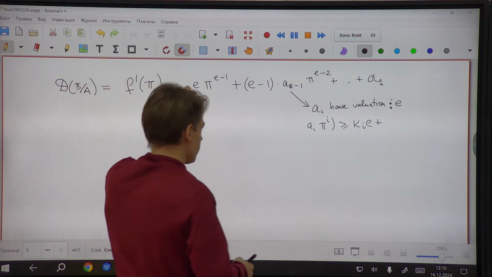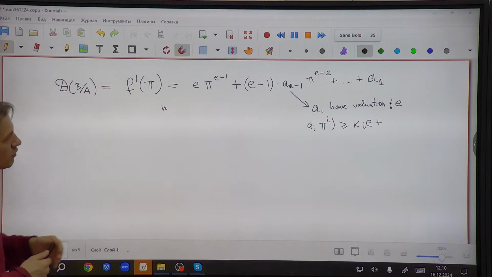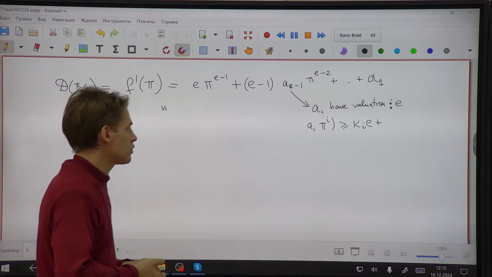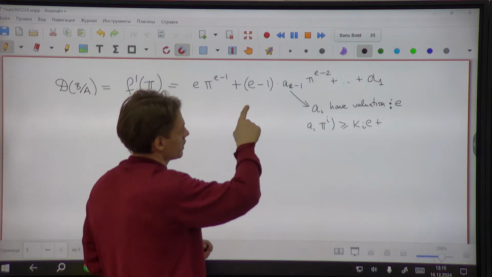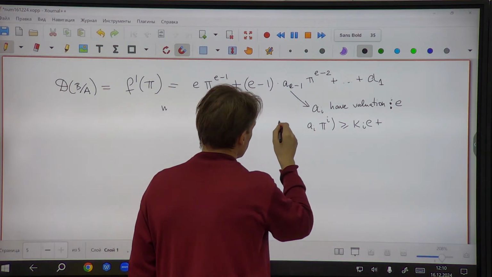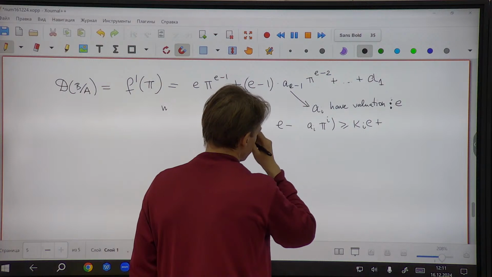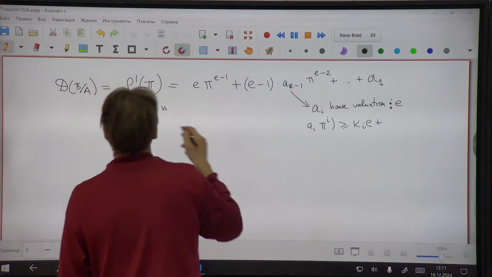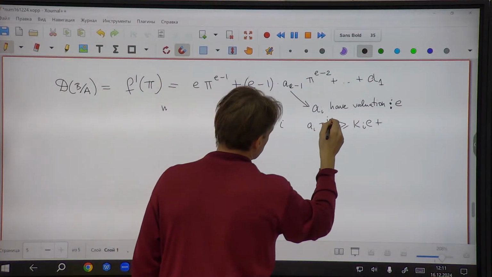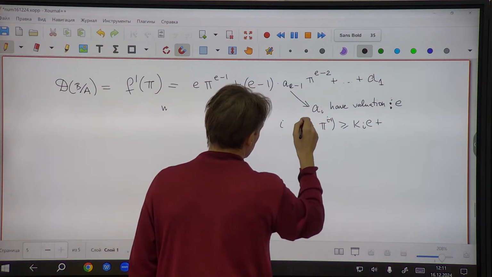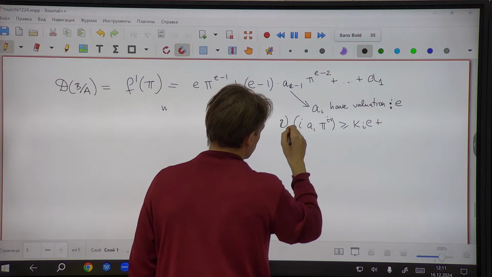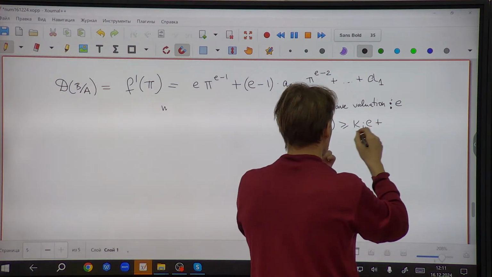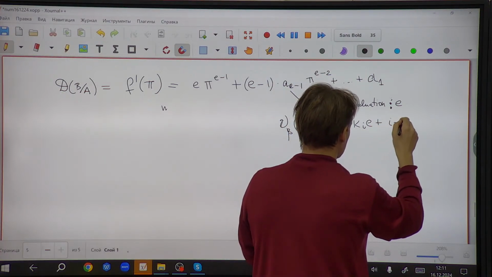For example, if we have integer numbers and for valuation you start with P and then you localize to obtain a discrete valuation ring with respect to P, then it can happen that these coefficients are divisible by P. So here you have E minus 1 and here you have I. You take the valuation of beta with respect to I, and this is bigger or equal than the valuation of KI plus I minus 1.